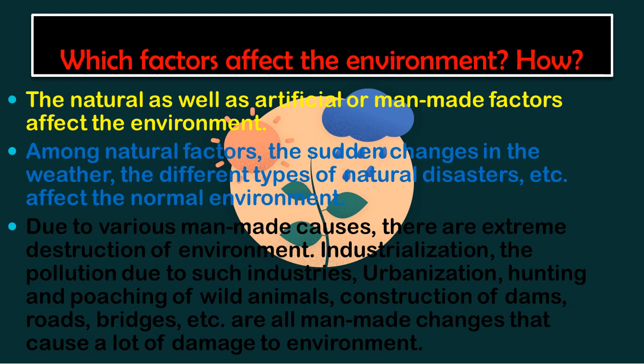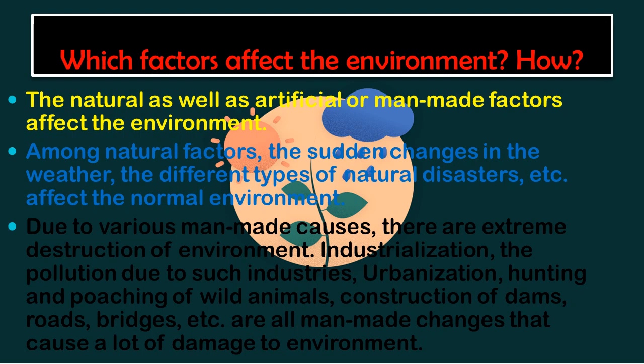Pollution due to such industry. If an industry is constructed, all the pollution goes back into the environment only. Then there are urbanization, the construction of cities, hunting and poaching of wild animals, and construction of dams, roads, bridges, etc. These are all man-made changes that cause a lot of damage to the environment.